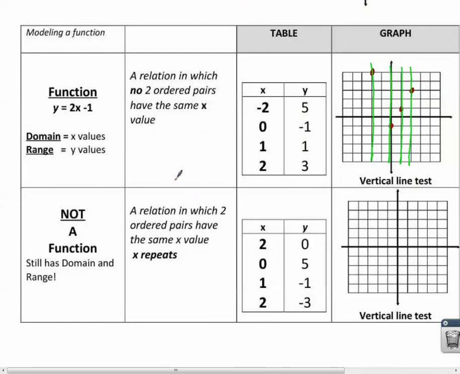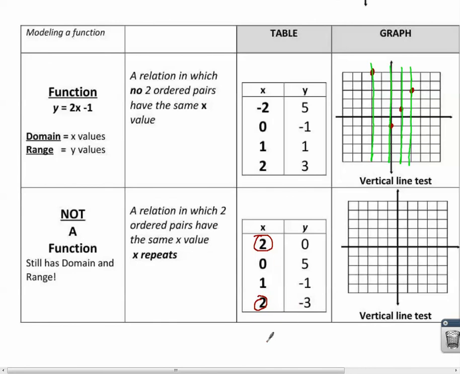Now let's look at some examples where it is not a function. So, not a function. It still has a domain and range, but x repeats. In this example, you notice in your x column you have multiple 2's.